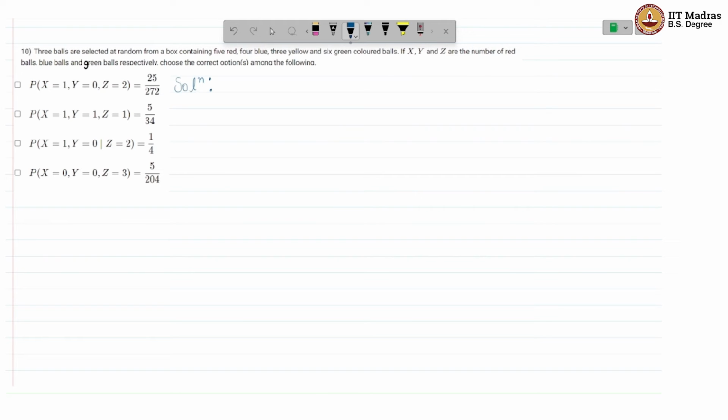So for option A, we have to find the joint probability that X is equal to 1, Y is equal to 0, and Z is equal to 2.